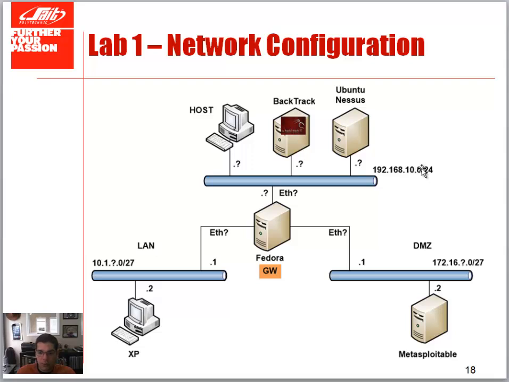192.168.1.0, probably /24. For Ubuntu Nessus, just forget about this right now, because I was planning to run this lab in the classroom, but since you're doing it at home, you don't have this Ubuntu Nessus yet. So basically you have Backtrack available.